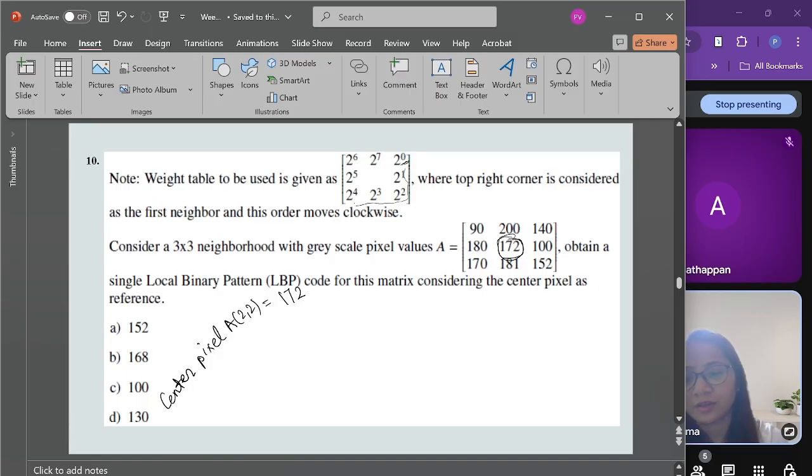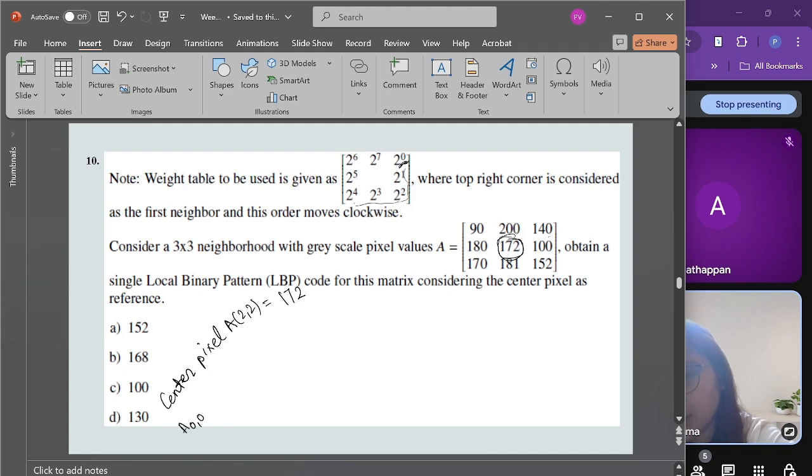The neighbors are taken in clockwise order starting from the top right corner. Let's take all the values first.